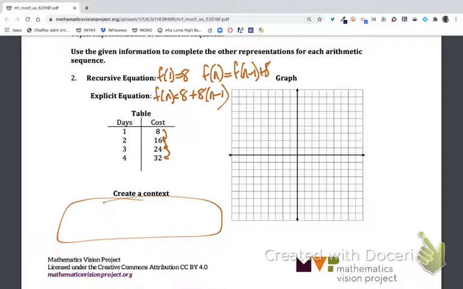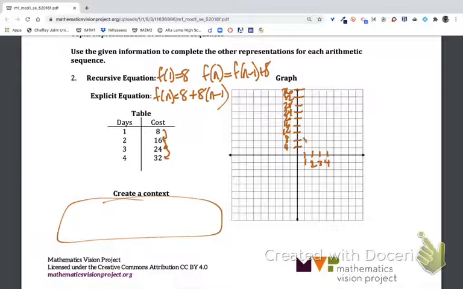To graph it, we can go 1, 2, 3, and 4, and it's going to get really big really quick. So what we can do is we can actually go 4, 8, 12, 16, 20, 24, 28, 32, 36.